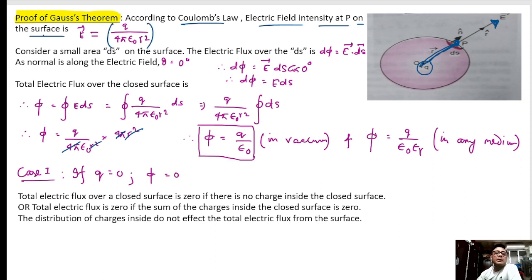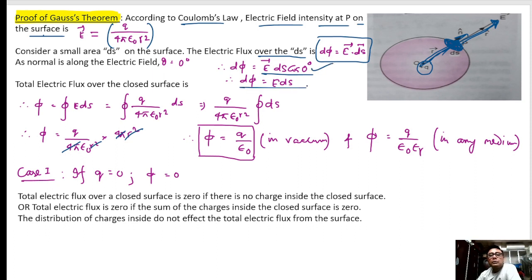Now let us consider a small element of area ds. This is the ds from where electric field will pass. I want to find out what is the flux through this. So d phi will be E dot ds, which is E ds cos 0, because the surface normal and the electric field are in the same direction. So theta is 0 degree.